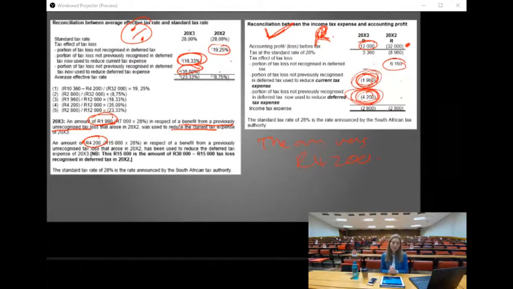So they can manipulate their tax income and their deferred tax balance as well. But if the receiver does not agree, then that's going to swing around in future.